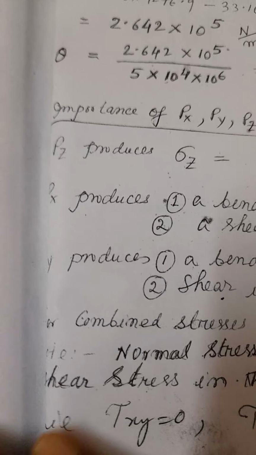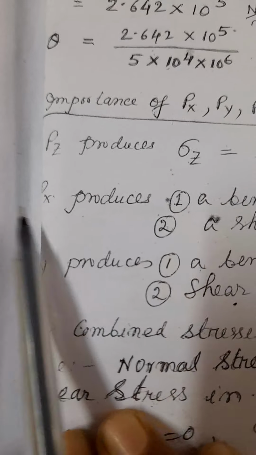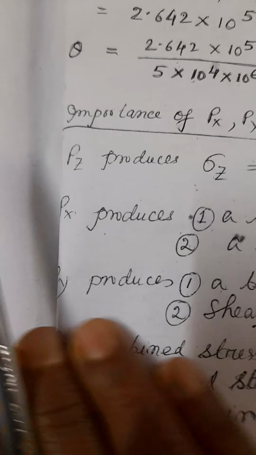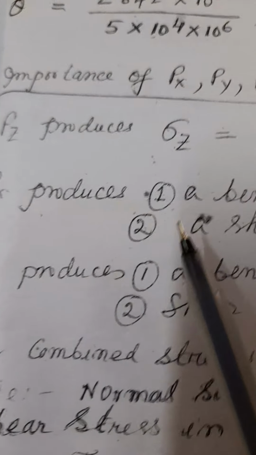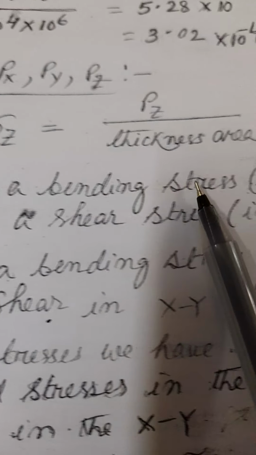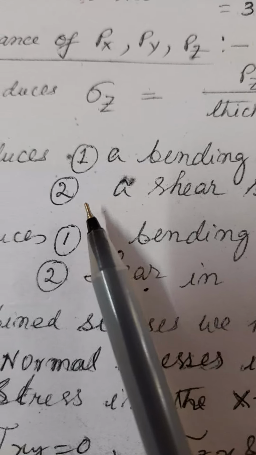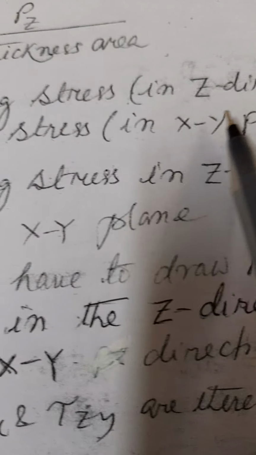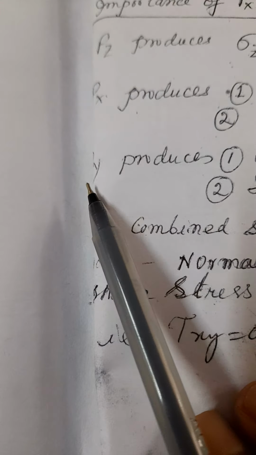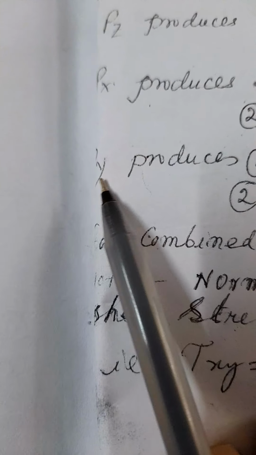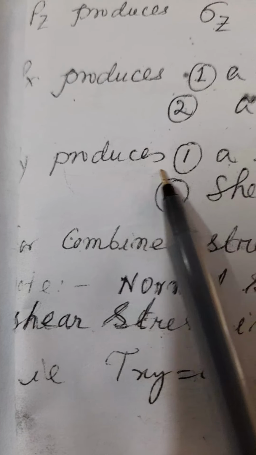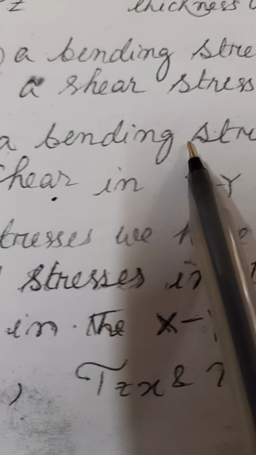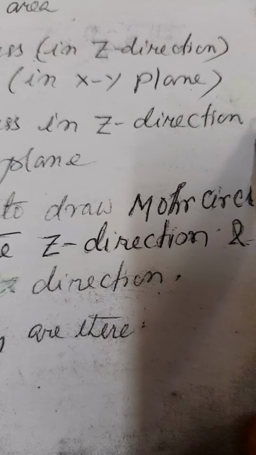Now Px can produce a bending moment, bending stress in the z direction, and also a shear stress in the xy plane. And Py produces bending stress in the z direction and also shear in the xy plane.